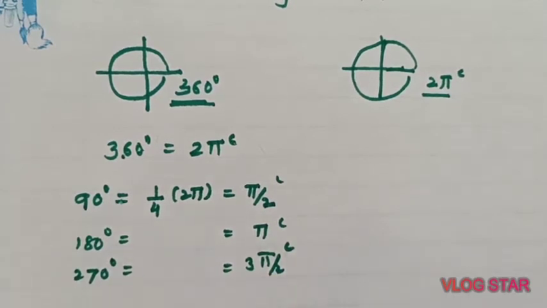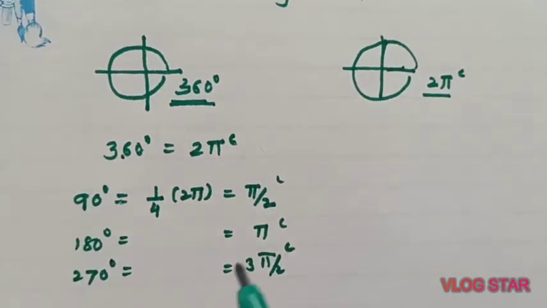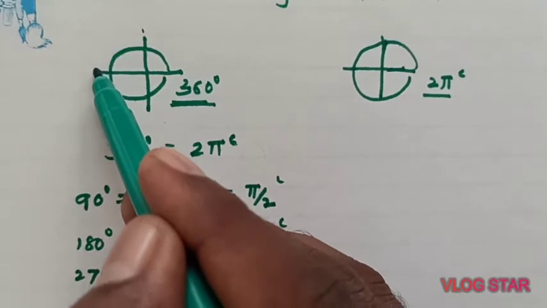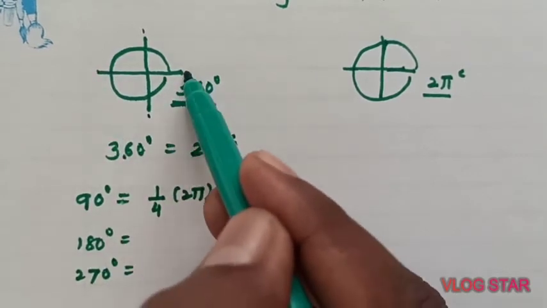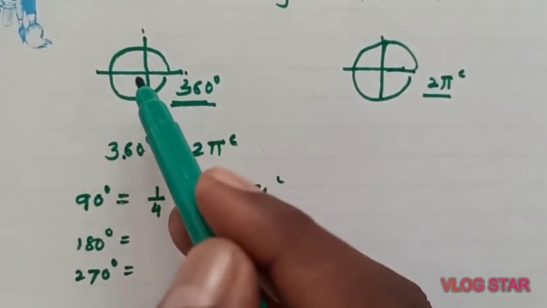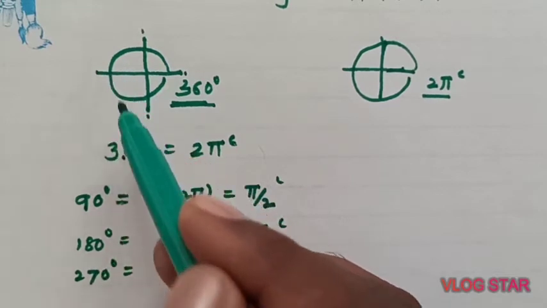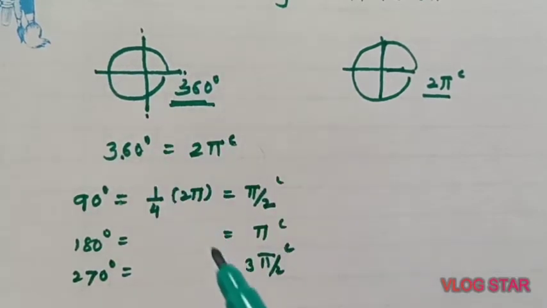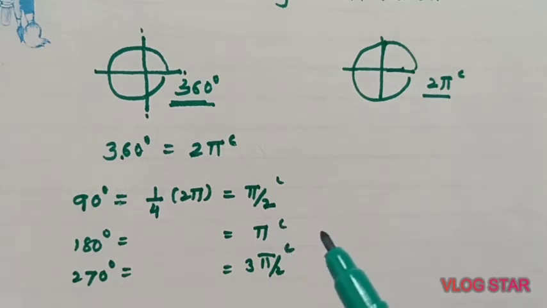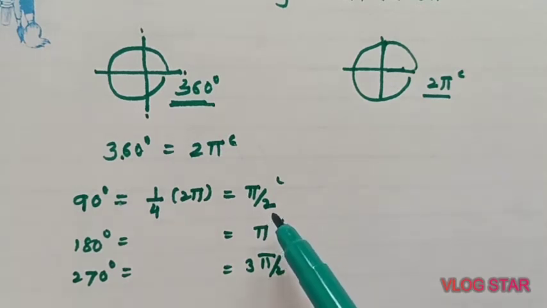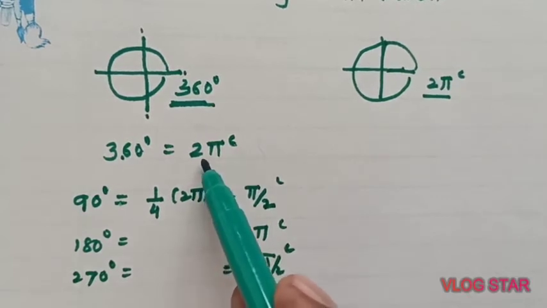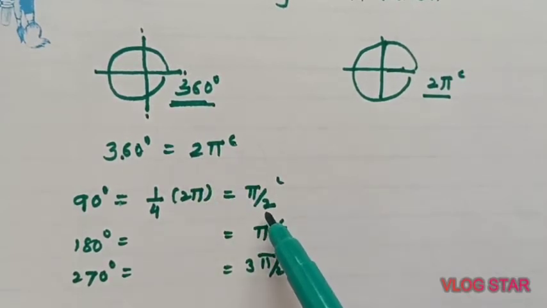But these are the standard ones, quadrantal angles. 90 degrees, 180 degrees, 270 degrees, 2 pi are quadrantal angles, lying in the first quadrant, second quadrant, third quadrant, and fourth quadrant. For quadrantal angles it is easy to remember. These are multiples or sub-multiples of pi. Whole is 2 pi, 90 is pi by 2, 180 is pi, 270 is 3 times pi by 2.